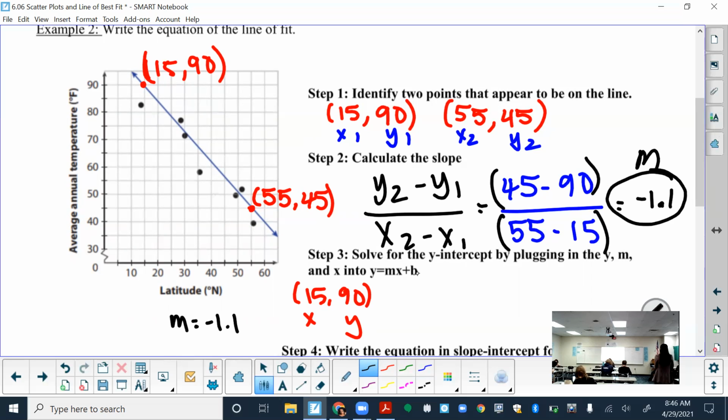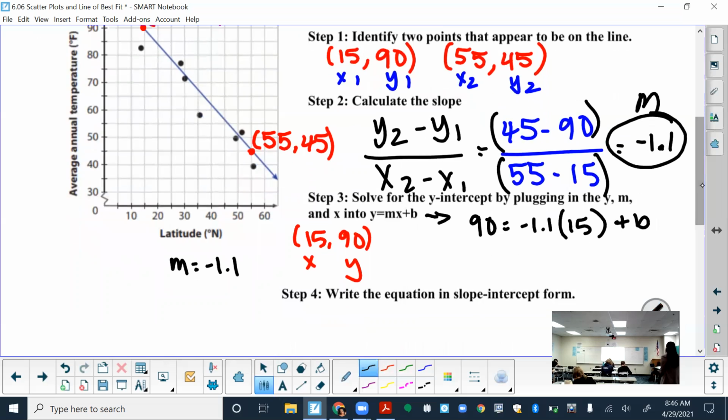If I plug it into y equals mx plus b, so my y is 90, equal to m, so negative 1.1, times x, which is 15, plus b, then I can solve for b. So negative 1.1 times 15, what would that be?